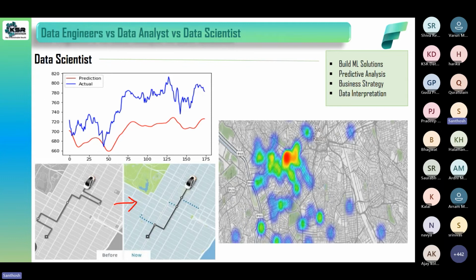For data scientists, you'll also have some actuals and predictions. For example, imagine in Uber, we have 100 drivers available today in my area. So in Bangalore, in XYZ, we have 100 drivers. But today, there is some event going on near my home, or some function or some conference. So what will happen?